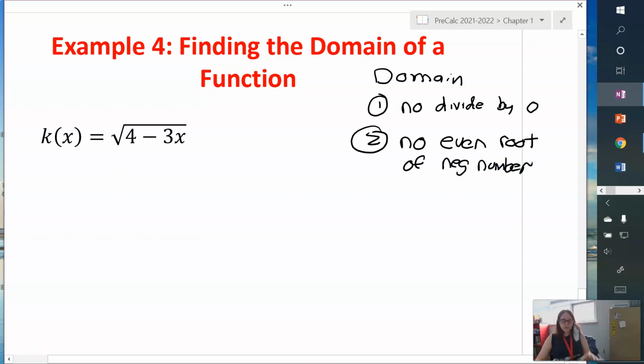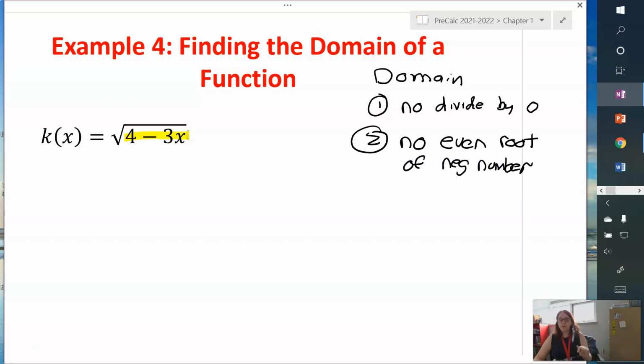So what that means is when I'm looking at a function, I'm looking for places where that can happen. So here I have k of x is the square root of 4x minus 3. I don't see any place where I'm dividing by my variable. So the first thing I'm looking for, dividing by 0, that's not going to happen. I don't have to worry about that. But my 4x minus 3, that is underneath a square root.